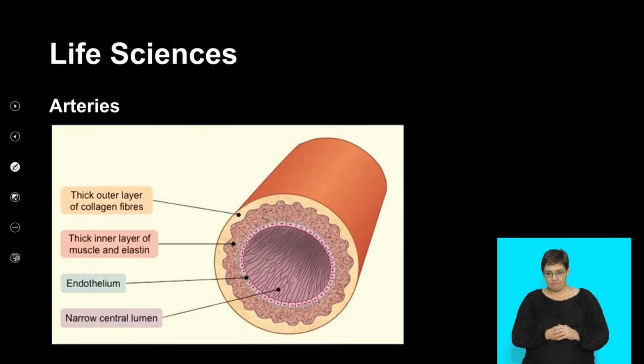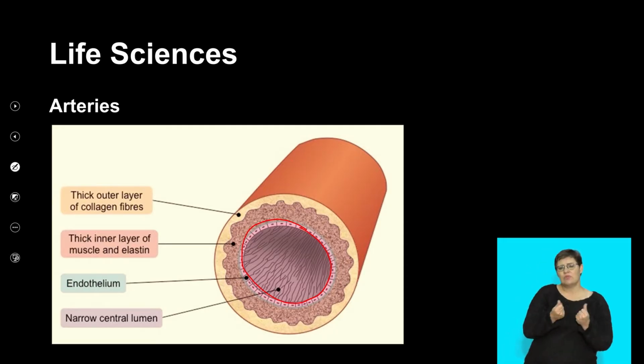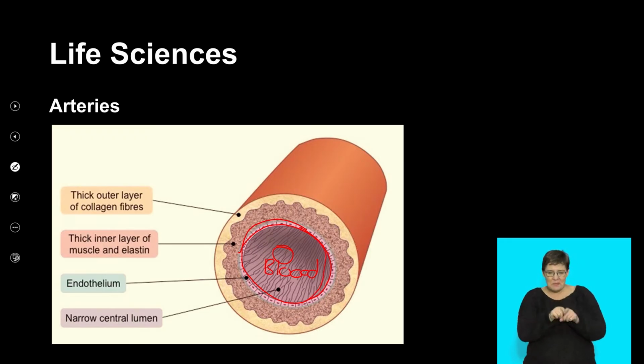Now if we have a look at an artery, we've got the 3 layers. The first layer, very important, I'm going to go from the inside outwards: a nice, smooth endothelium. It's hollow over here because what's going to be in the middle is blood. This lovely, smooth squamous epithelium, but we call it endothelium.